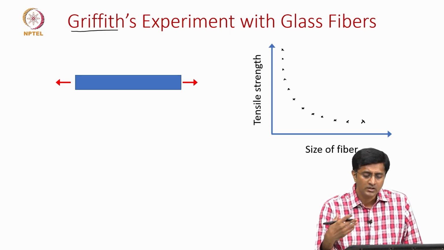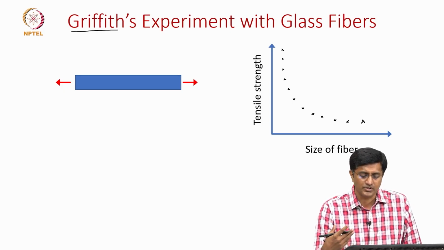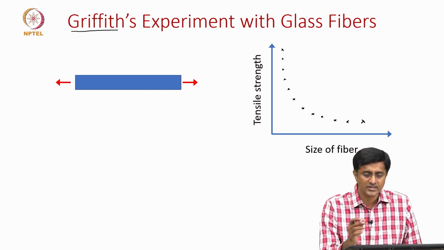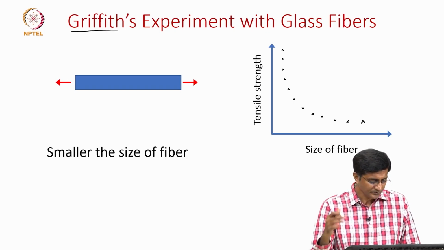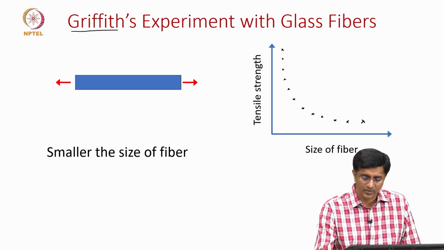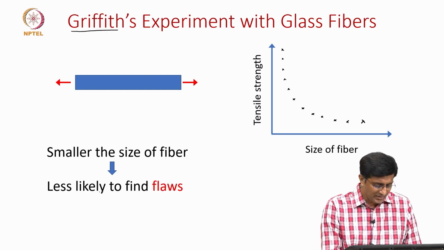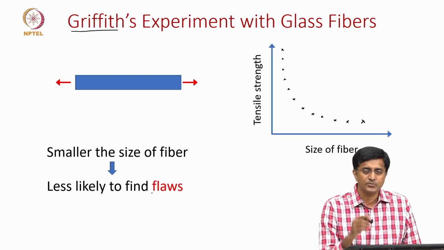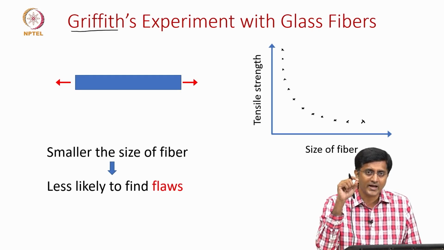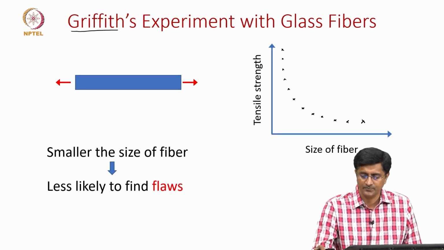Now, let us see the reason for this observation. Why do we see this increase in strength with decrease in the fiber size or diameter? The smaller the size of the fiber, the less likely it is to find flaws, especially flaws on the surface of the fiber, which lead to cracks and failure of the fiber. As the diameter decreases, the probability of finding these flaws is less.